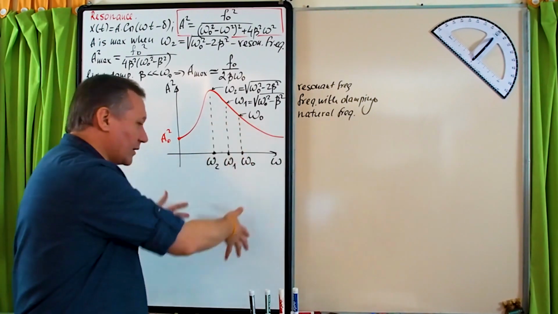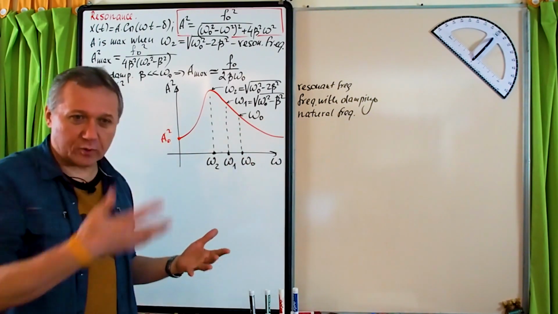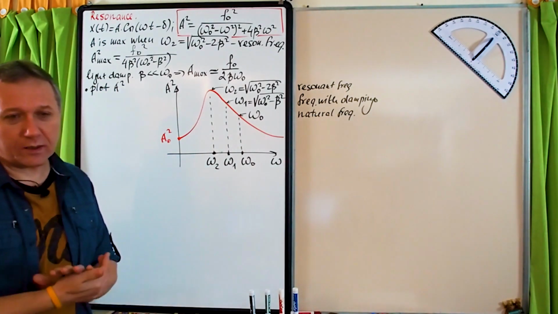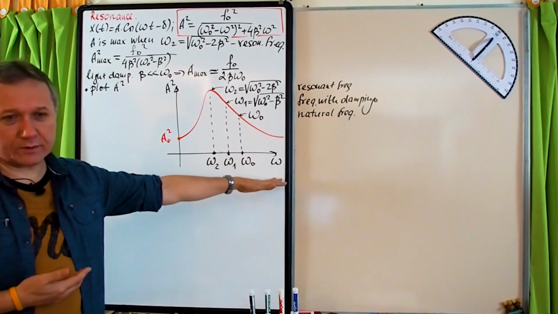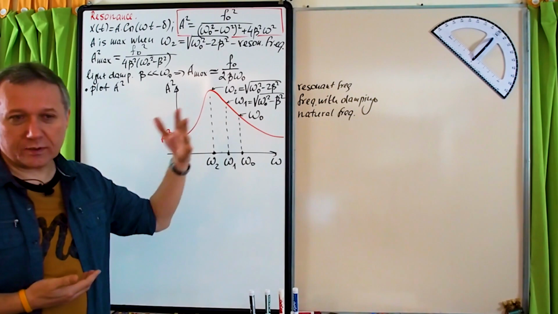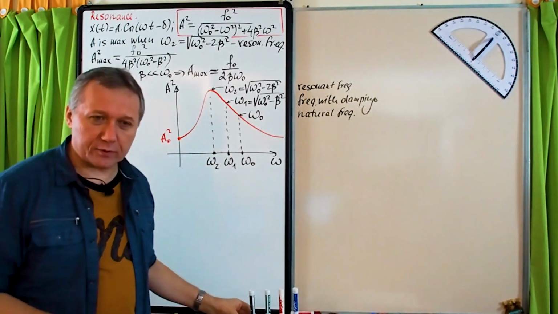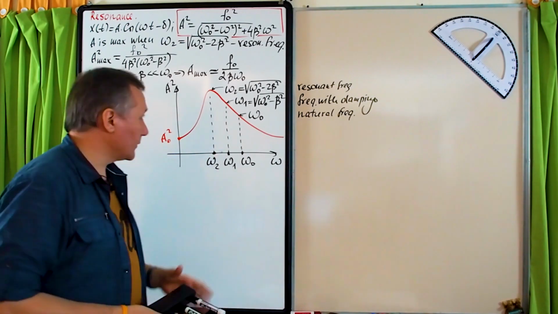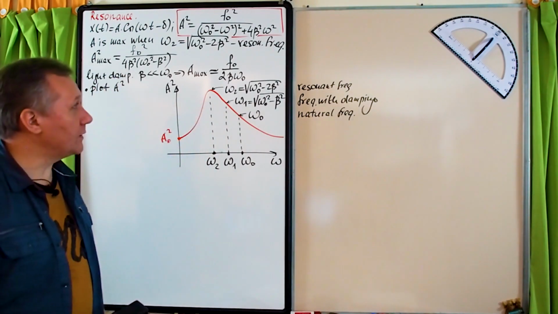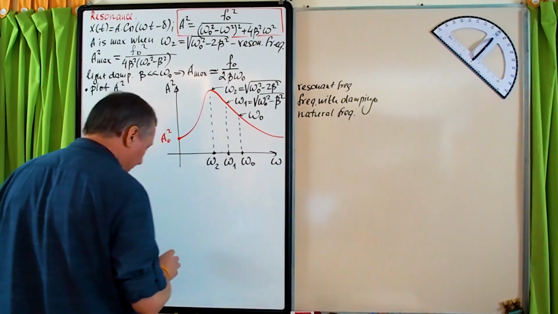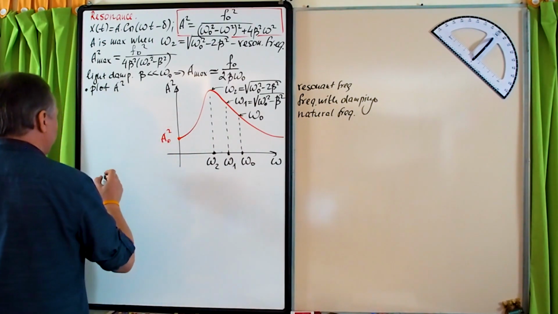Then maybe we can expose it to air. It will be a small beta again. Tune the frequency to see the response of the system. Then maybe water, then oil. So let's just plot for different beta. I will probably plot it underneath over here.